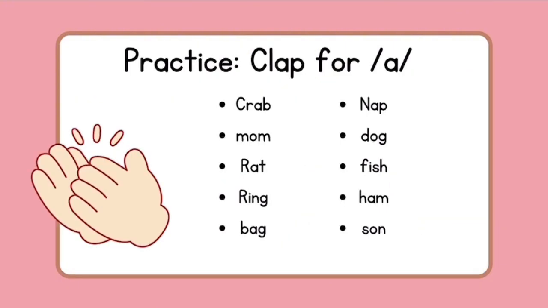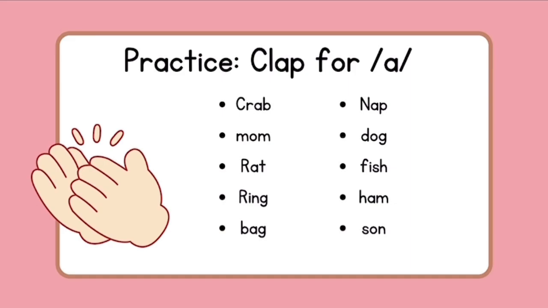Next, we're going to move on to the practice or the activity, and the activity is called clap for A. We're going to clap if the words contain the short sound of the vowel A, and if they don't, they are going to stay still.